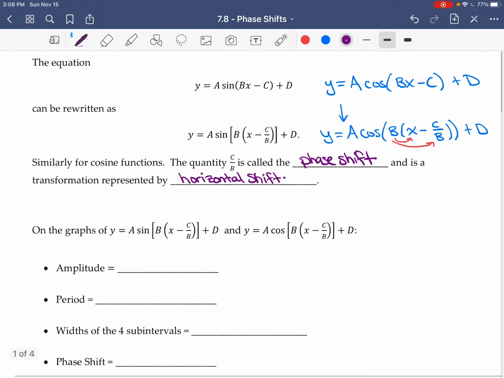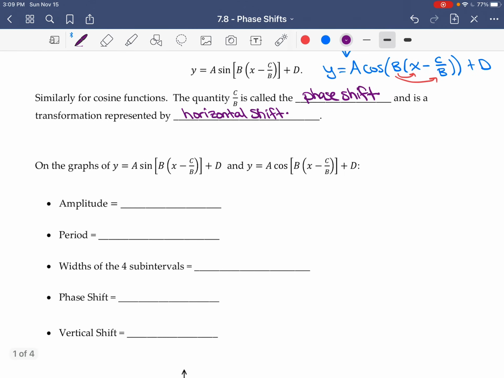If you have it written like that, then the amplitude, similar to before, is the absolute value of a, so it's always positive. The period is still the period of these graphs, 2 pi divided by the b value. The 4 subintervals that you're going to use are always the period divided by 4, so you split it into 4 parts.